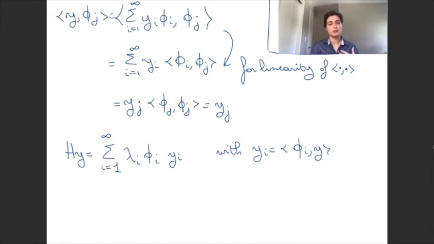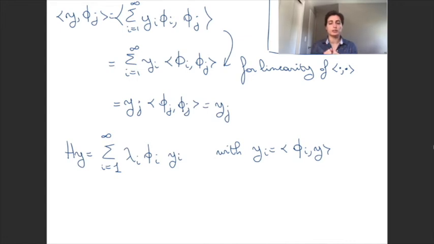So if we take y inner product phi i, we can rewrite y as this infinite sum. Then, by linearity of the inner product, we can take the infinite sum out of the inner product. So now we have an infinite sum of yi times the inner product of phi i and phi j.